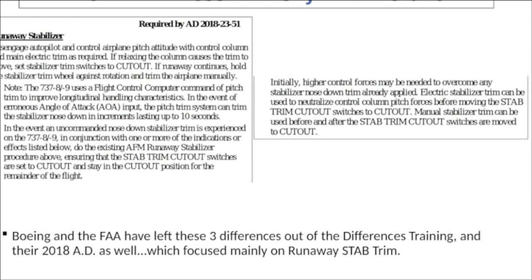And for an AD to come out after that first accident and not mention clear differences between the types of airplanes that these pilots would have been entrusted with. It used to be the FAA's job to avoid this sort of thing. So in this case, hopefully this is so bad that it's the sort of thing that will lead to real change.